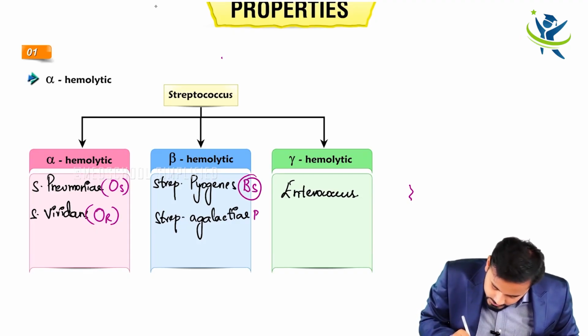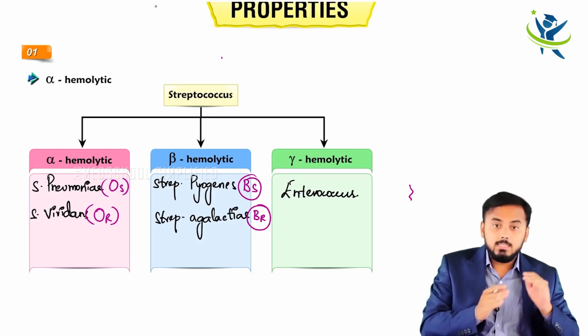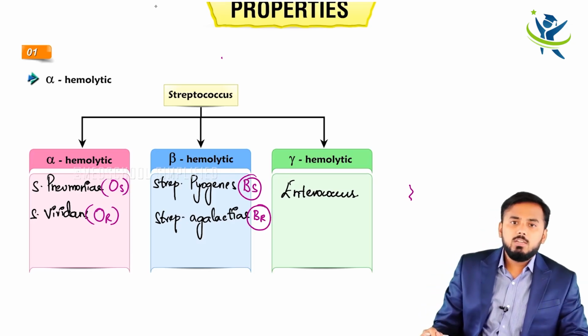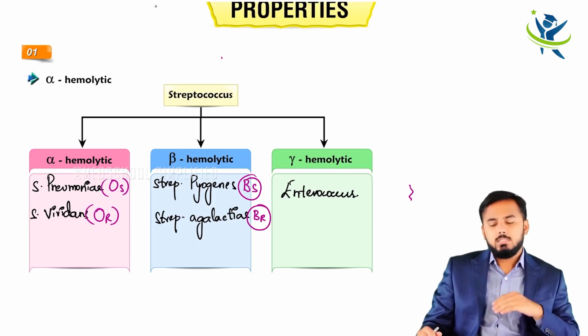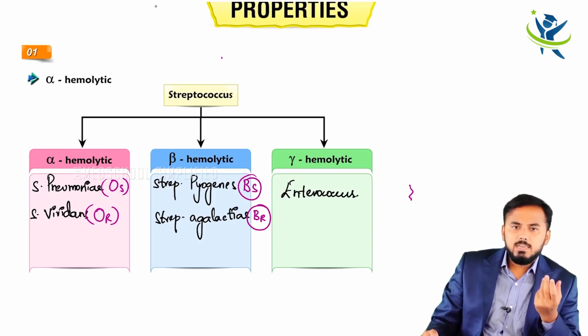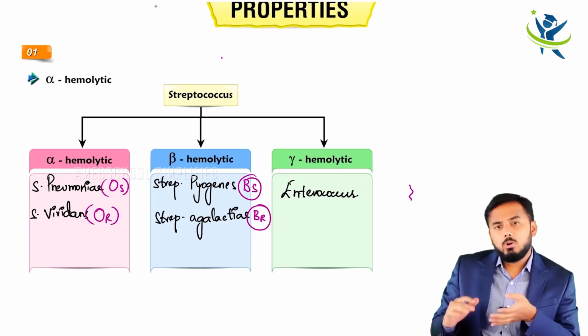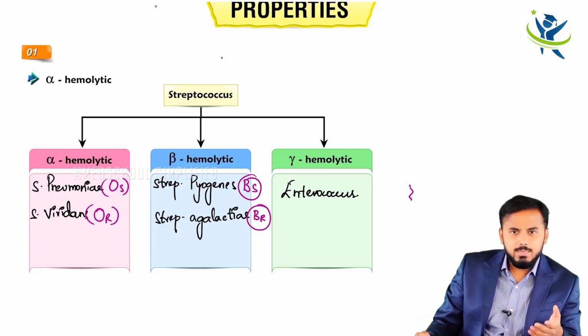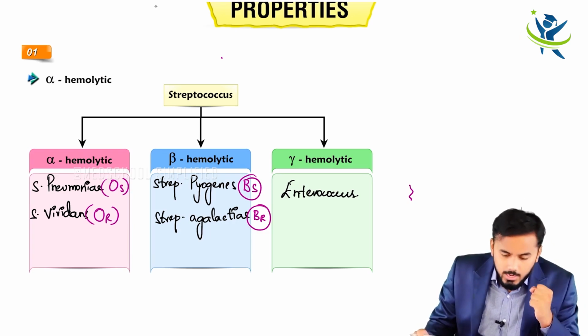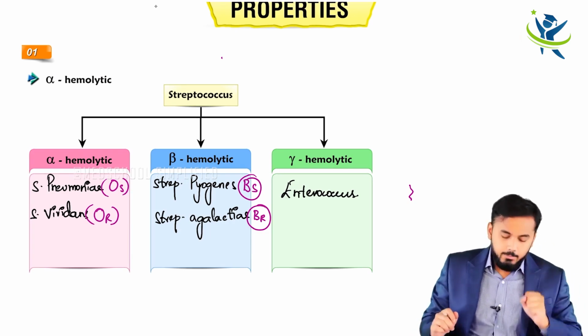Streptococcus agalactiae is bacitracin resistant. I have discussed this in their respective videos too. What is this bacitracin sensitivity or resistance? Bacitracin is an antibiotic. Some are sensitive to antibiotics, some are not. So that is the same thing. Optochin and bacitracin, both of them are antibiotics.